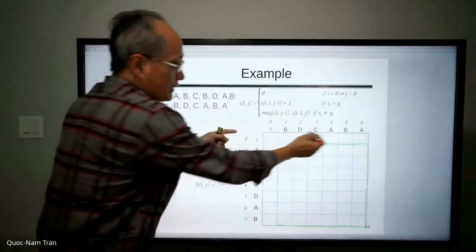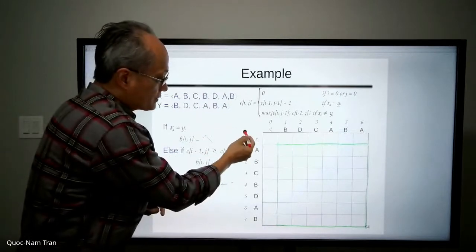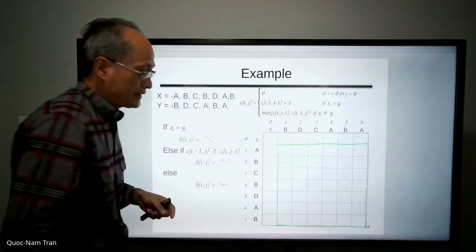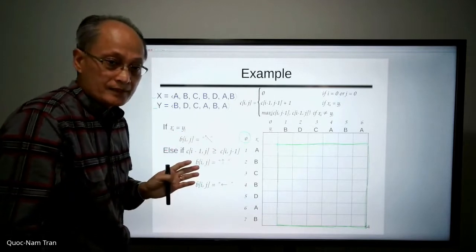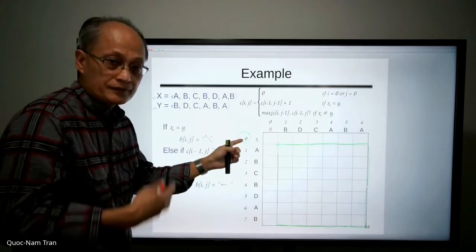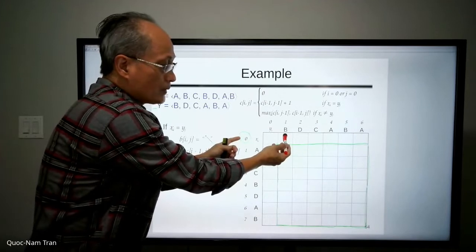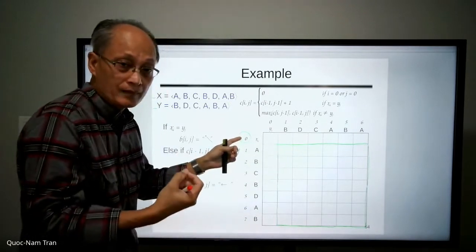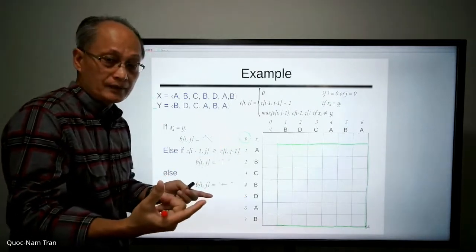What does this extra one mean? It means: what will happen if the subsequence of X has no element, 0 elements? So if there are 0 elements in X, we try to find the common subsequence with the subsequence of Y with 1 element, 2 elements, 3 elements. What would be the values?